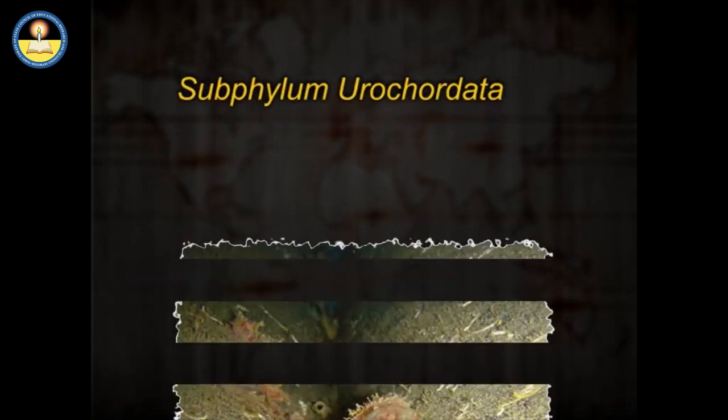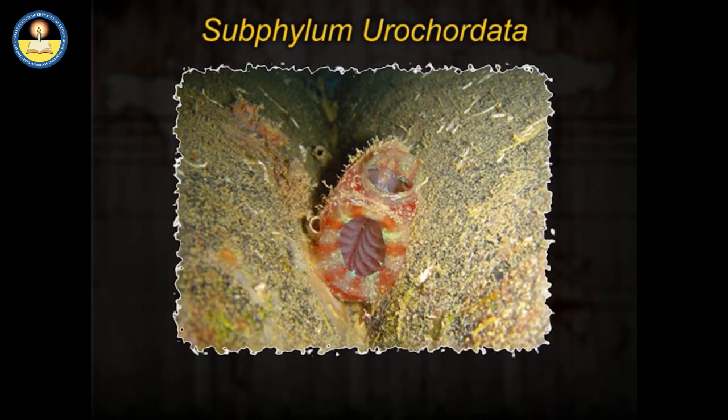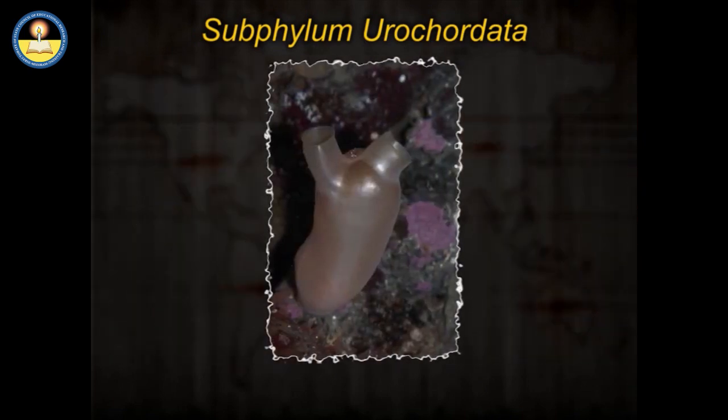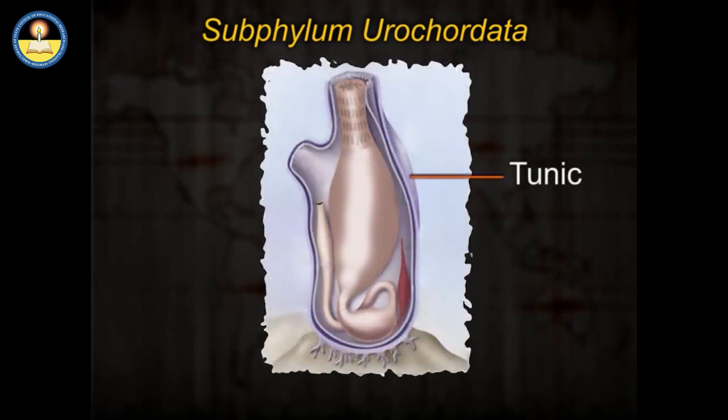Subphylum Urochordata. The urochordates, commonly called tunicates, are marine creatures which are mostly sessile as adults, although some are free-living. The name tunicate is suggested by the usually tough, non-living tunic or test that surrounds the animal and contains cellulose.